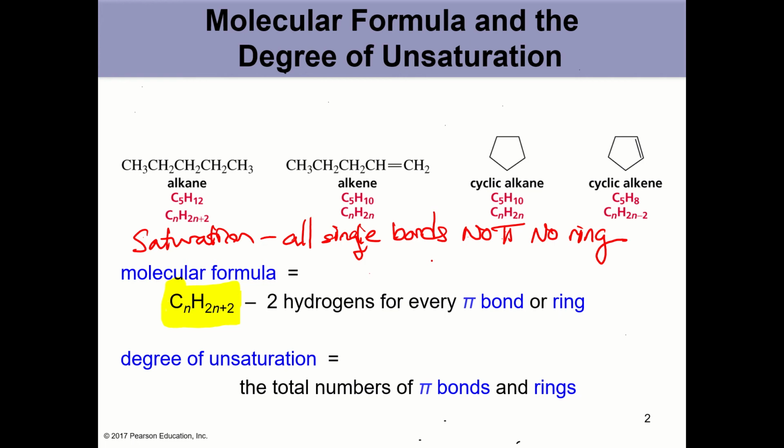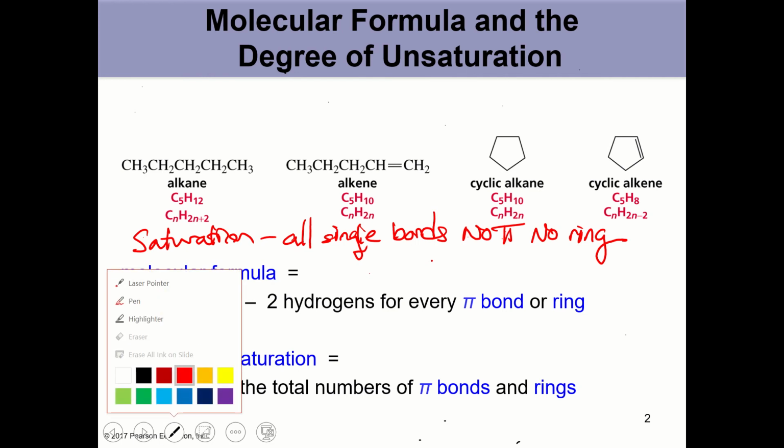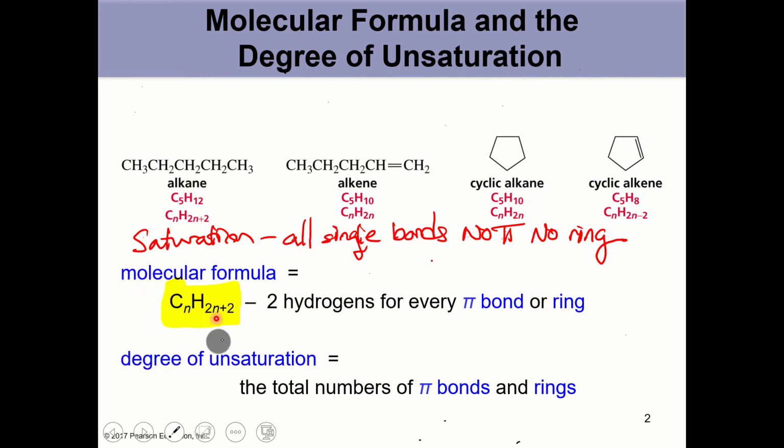And the degree of unsaturation is determined by counting how many pi bonds and how many rings are present in a molecule. The molecular formula of a molecule can be determined based off of the formula shown in yellow, that for a saturated alkane, so we take the formula of a saturated alkane and we subtract 2 hydrogens for every pi bond or ring that is present.